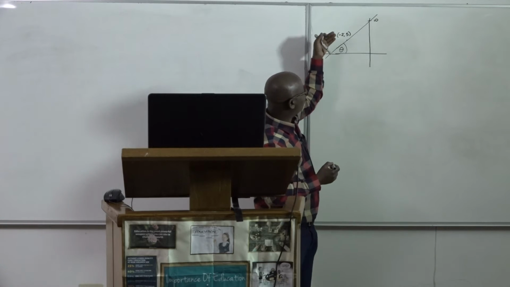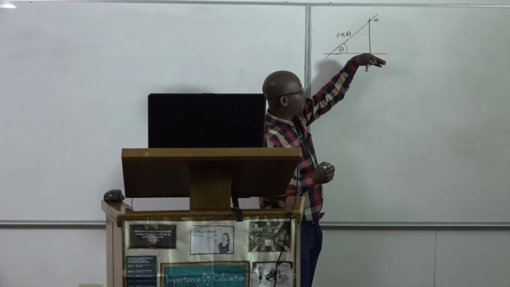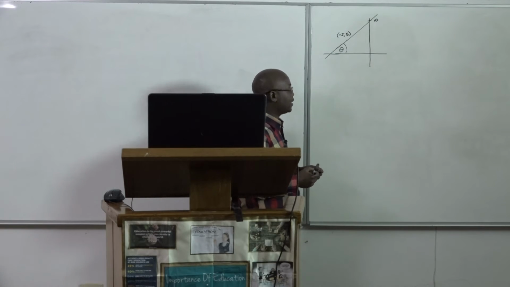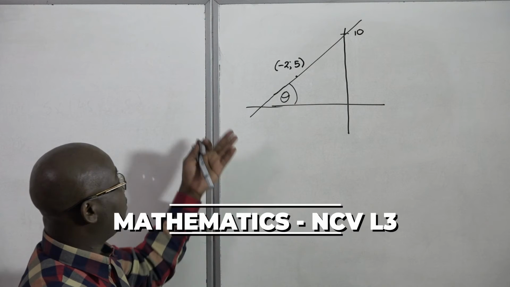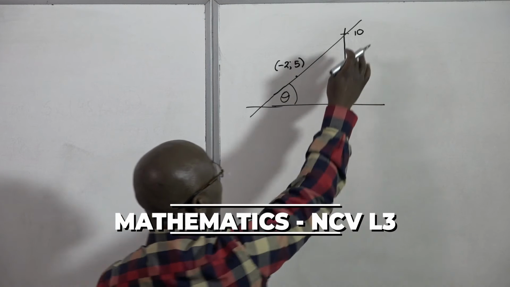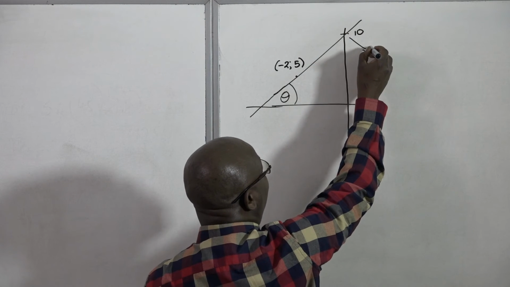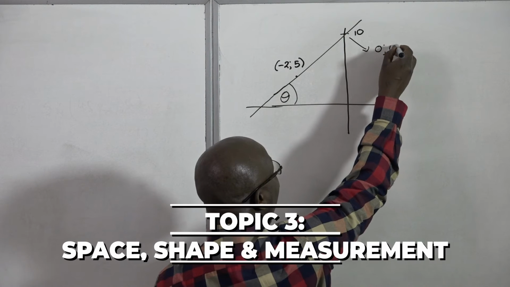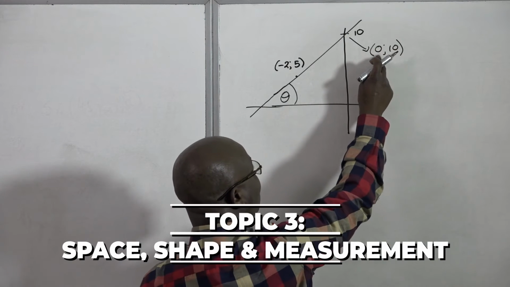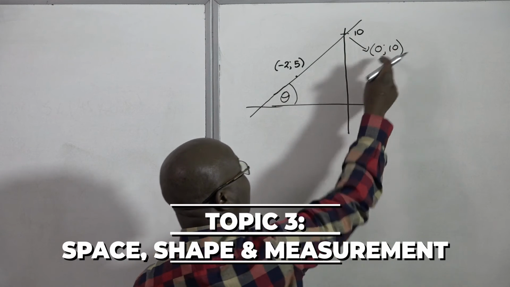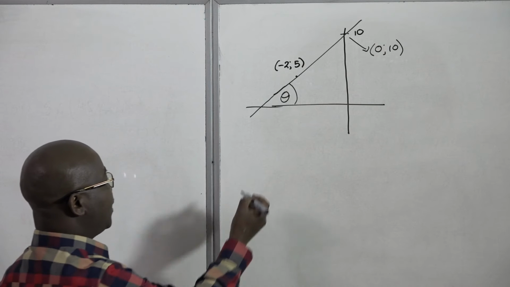Now, we are given these coordinates and that point. Therefore, we need to use that to determine the gradient. If this point is at 10, therefore the coordinate at that point will be (0, 10), because the x component is 0 and the y component is 10.